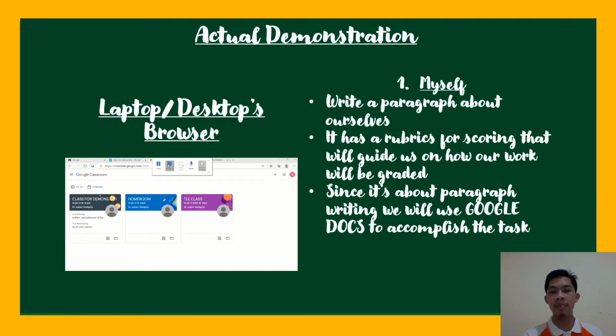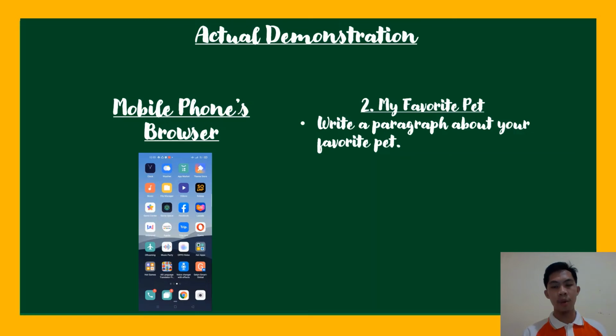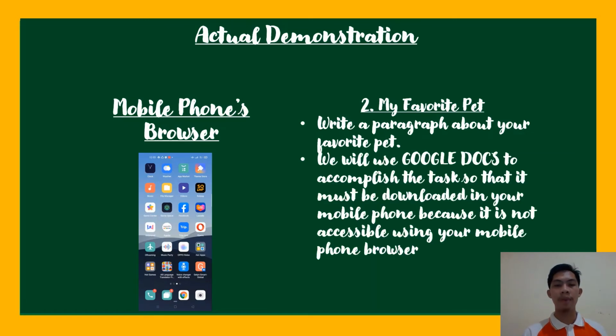So we accomplished the first task, which is myself. Let's move to the next one, where we will be using our mobile phone's browser, which is Google Chrome, because Google Classroom is a Google app. For this demonstration, we'll be doing the second activity, my favorite pet, wherein we are going to write a paragraph about our favorite pet.